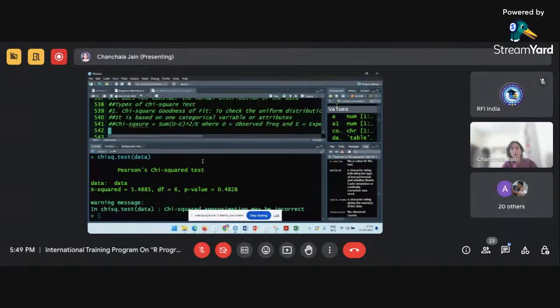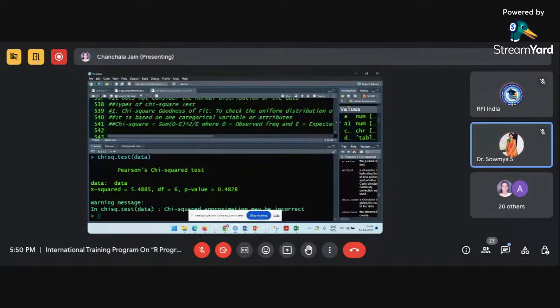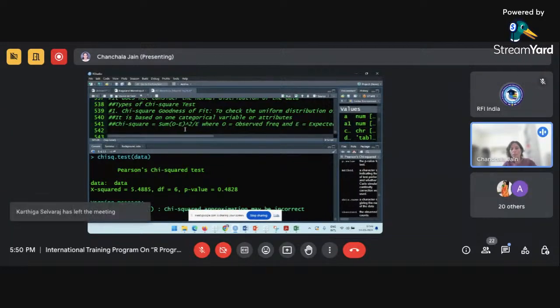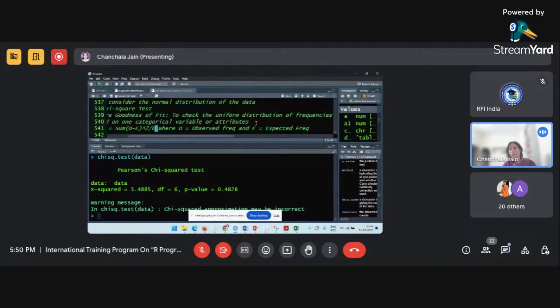Fine. Till here it is okay. So again, I'm repeating, the chi-square formula says sum of (O minus E) squared divided by E, where O is the observed frequency and E is the expected frequency. Or I can say O is the observed count and E is the expected count.